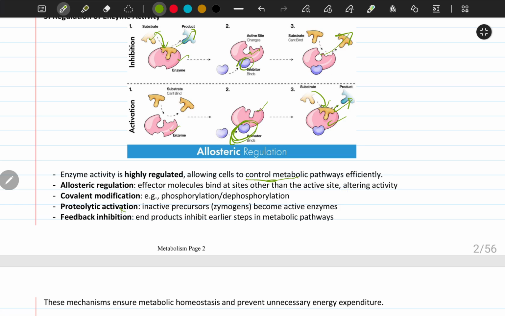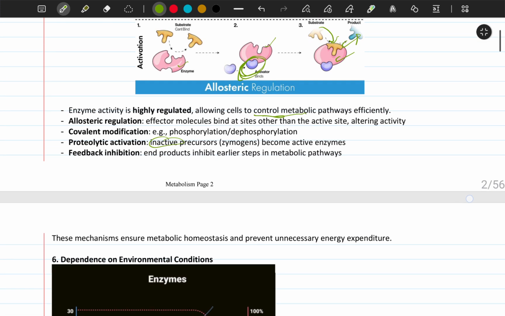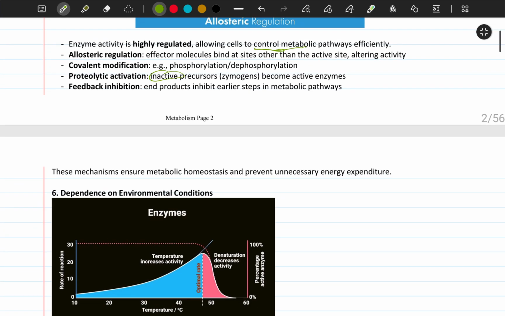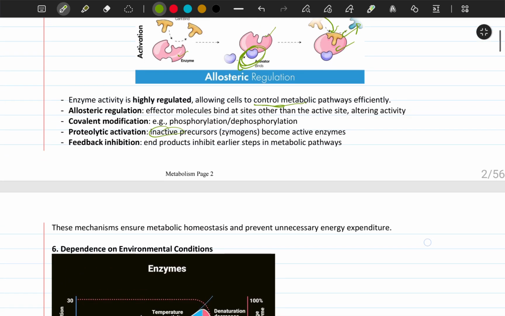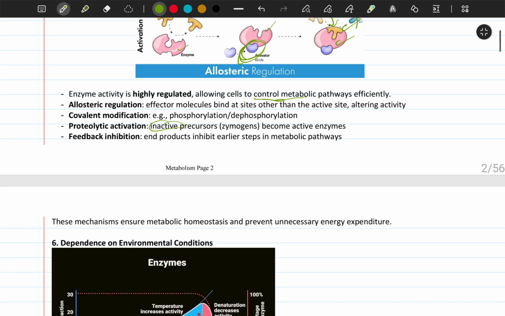Proteolytic activation: inactive precursors, zymogens, become active enzymes. Feedback inhibition: end products inhibit earlier steps in metabolic pathways. These mechanisms ensure metabolic homeostasis and prevent unnecessary energy expenditure.